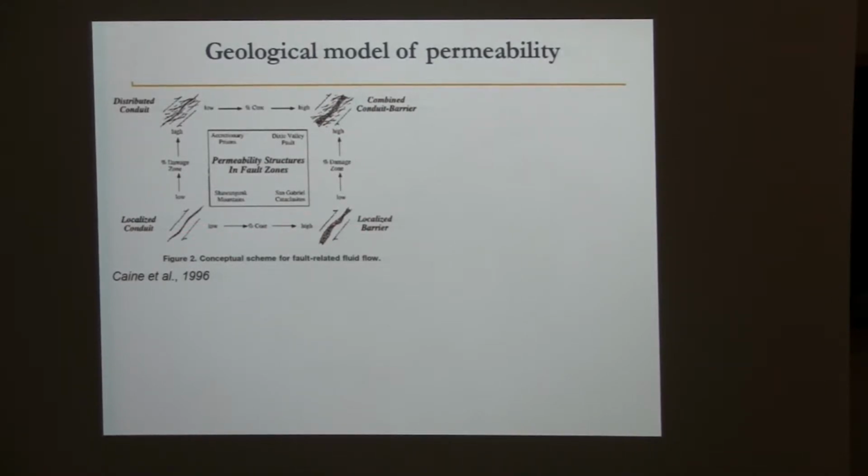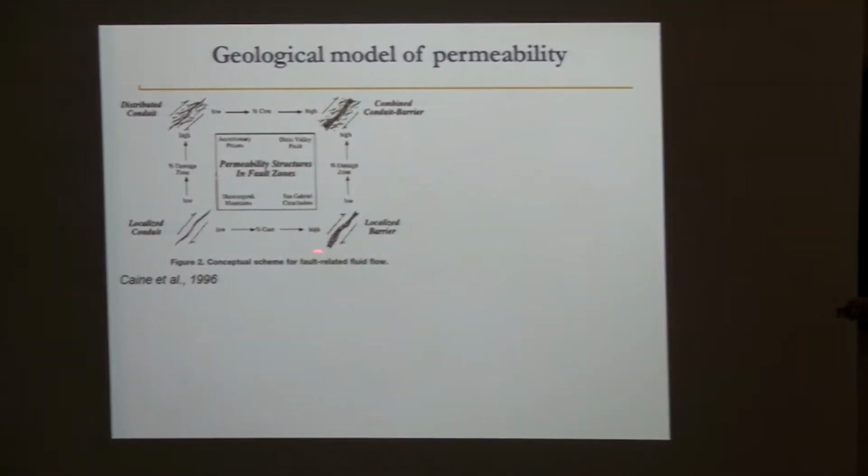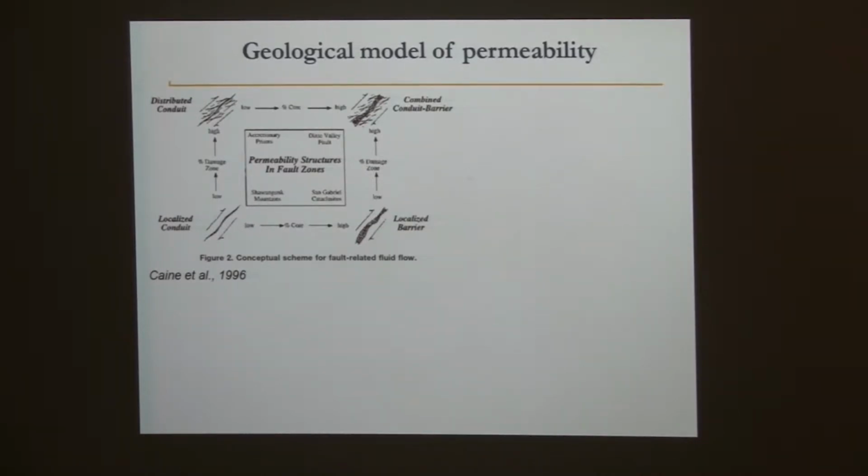But if the material inside the core is broken and its grain size is really reduced, then it can give rise to what is called a localized barrier. So instead of having something permeable, you will have something impermeable, at least perpendicular to the fault zone. And depending also on the development of the damage zone, you may have some permeability around these conduits or around this localized barrier, which would allow fluid to flow.